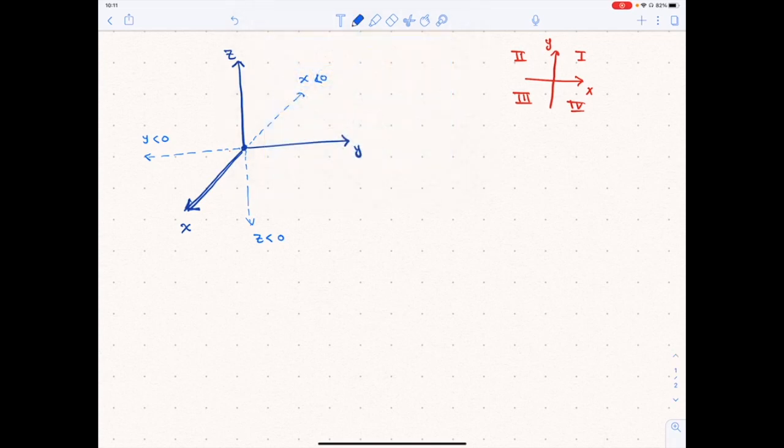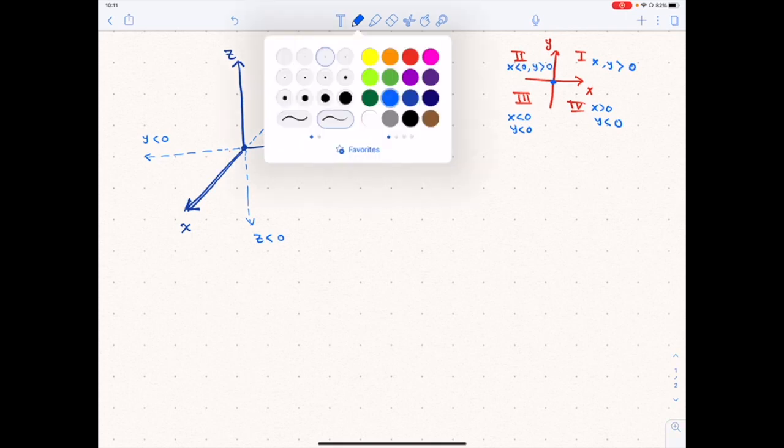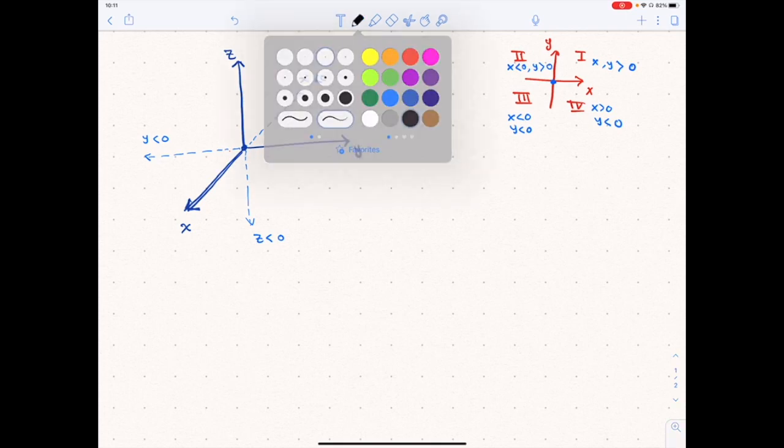This is the origin, of course. This is where x, y are positive, and then x is negative, y is positive, x is negative, y is negative, and then x is positive, y is negative. All right, so to bring this into R3, instead of 4 quadrants, we're going to have 8 octants.